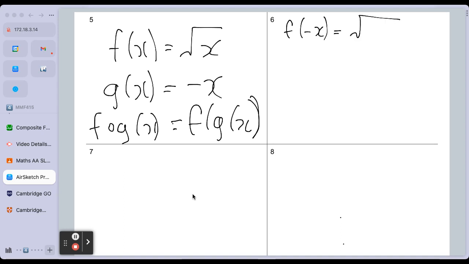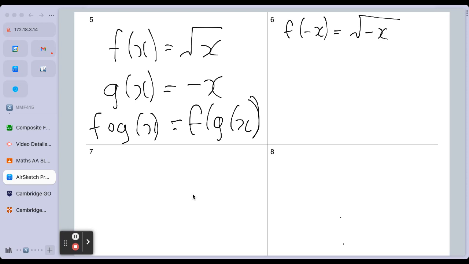So f of negative x would be the square root of negative x. Does that exist or not? What do you mean it does? Excellent.